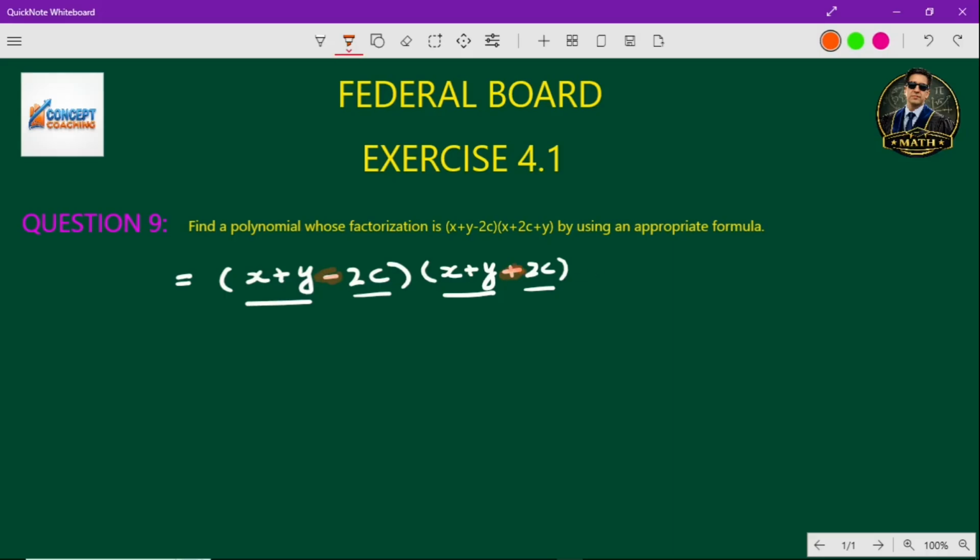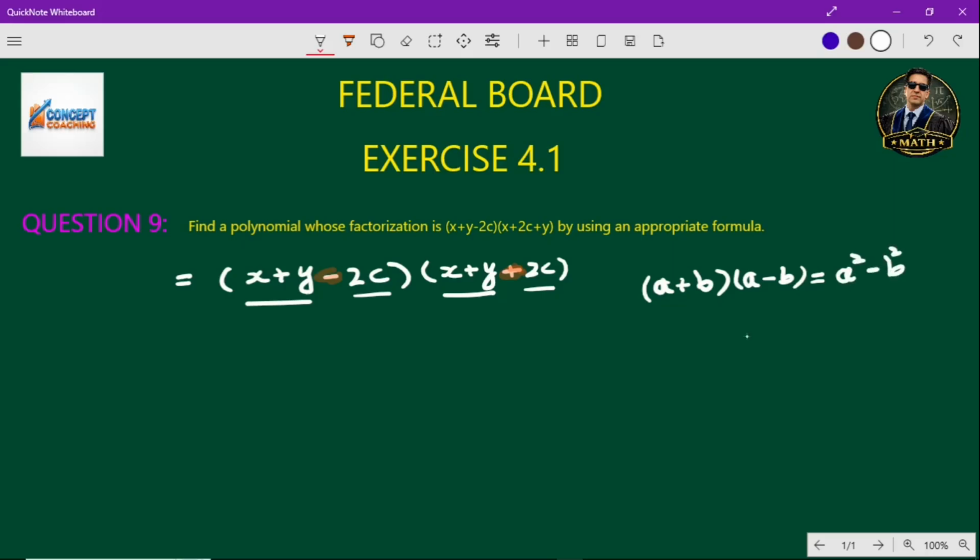So in this case we will apply the formula of a plus b and a minus b, and you know the formula: when we have a plus b or a minus b, either plus is first or negative is second, this must be equal to a square minus b square.